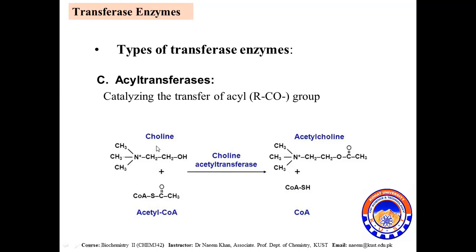So what happened in this reaction? The acetyl group is transferred from acetyl coenzyme A to choline. Such a reaction, in which the acetyl group, a type of acyl group, is transferred from one substrate to another, is catalyzed by acyltransferases, and this is one of the important types of transferase enzymes too.